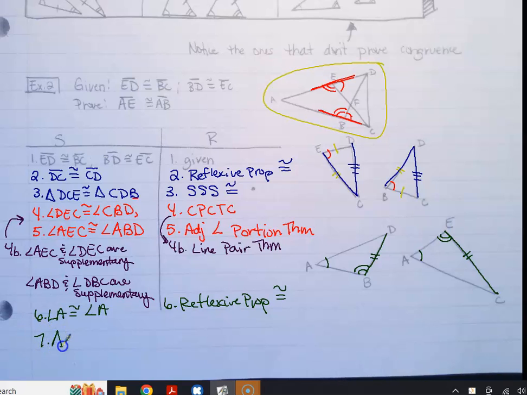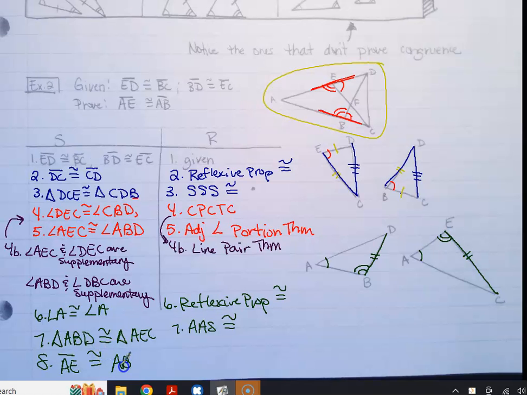So 7, triangle ABD is congruent to triangle AEC, and that was because of angle, angle, side. Now 8 is CPCTC. So segment AE is congruent to segment AB, because corresponding parts of congruent triangles are congruent.